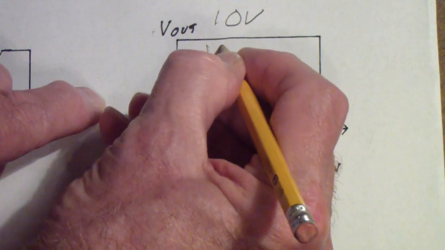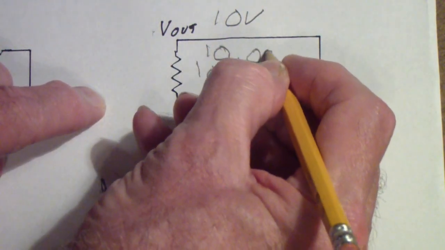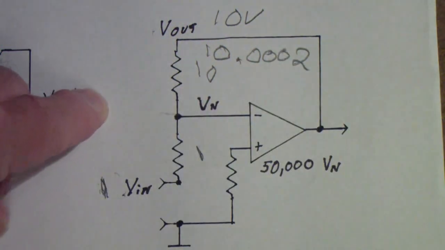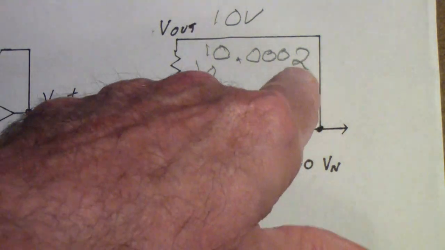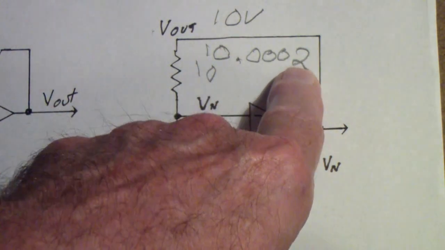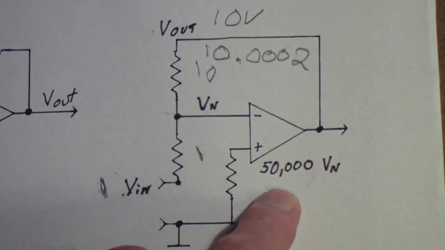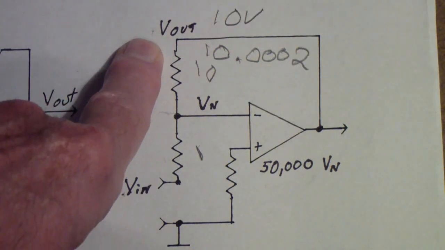It's really 10.0002. Why is that? Because this 200 microvolts multiplied by the 50,000 gain produces the 10 volt signal.